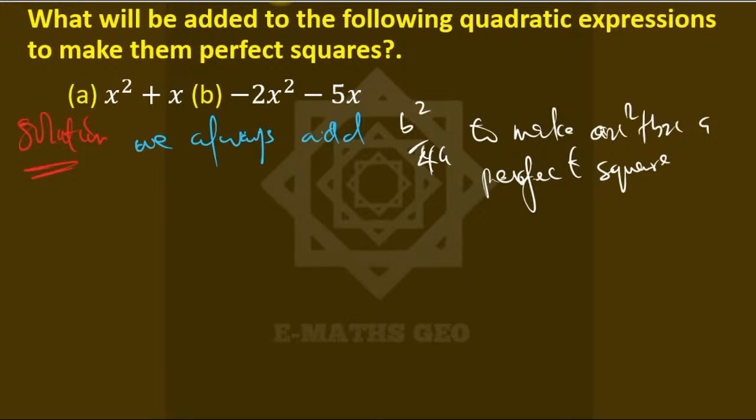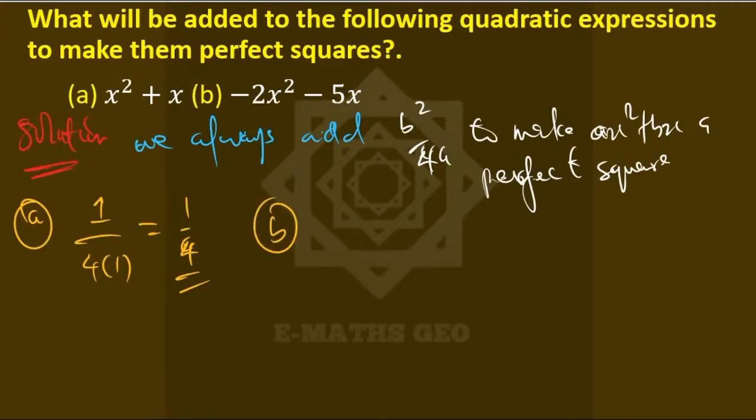So for the first one, what is a? And what is b? We have b squared, b is the coefficient 1, over 4 times a, which is 1. So the answer is 1 over 4. They didn't ask us for the resulting perfect square. For the second one, what is b? Minus 5, all squared, over 4 times a, which is minus 2.